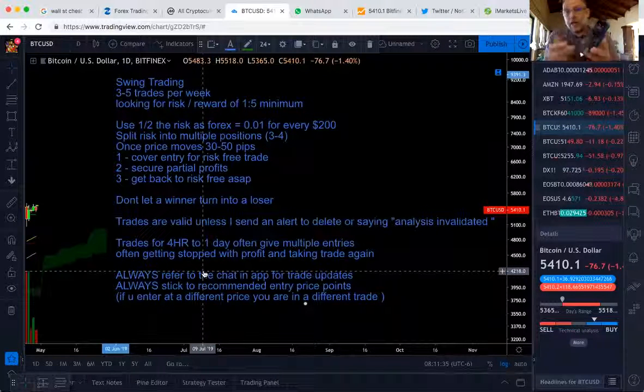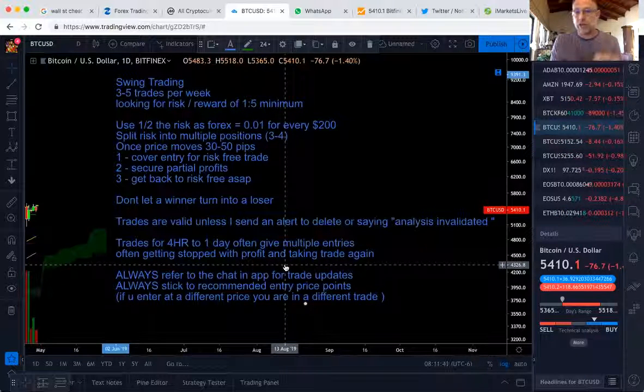And if the trade is invalidated, that's where I'll also send the alert to say, hey, this trade has been invalidated, okay? You always want to refer to the chat if you're a little confused as to what's going on with the trade, or maybe a day has passed and we're in profit, but you're not sure what's going on next. I'm posting in there quite often to keep you guys in tune with the trade, okay?